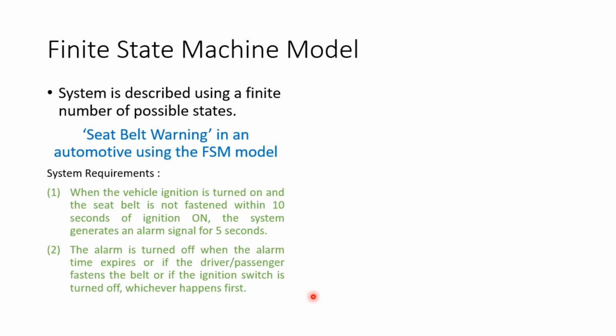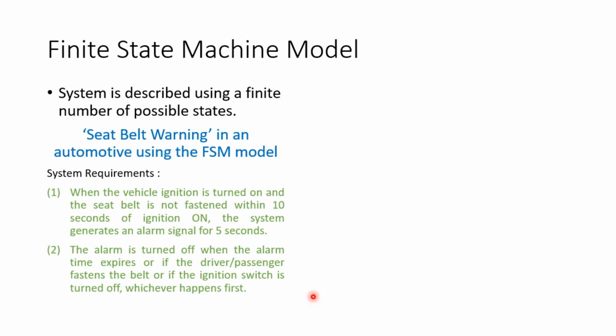So the idle situation or the initial situation is the off situation of the alarm. So alarm off is my idle state or initial state. So what would be the next state? The next state should be the timer state, right? So based on the event, what is the event? Event is ignition key on. Based on that event, it will initiate the transition from the alarm off state to the next state.